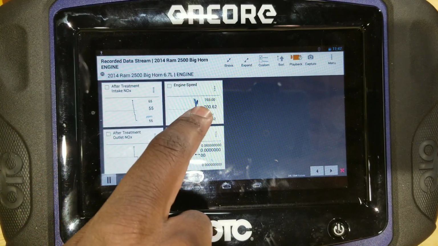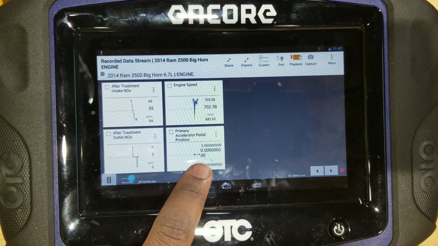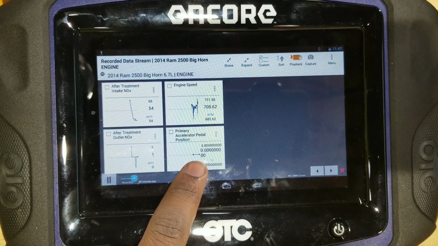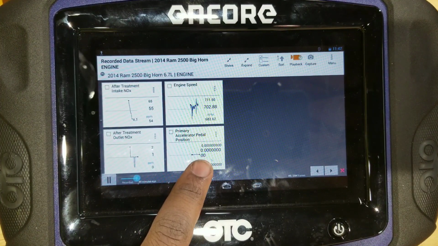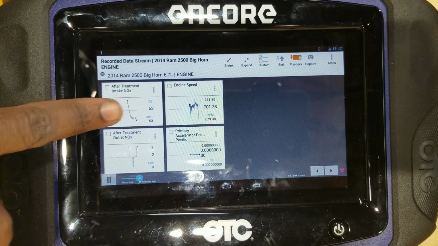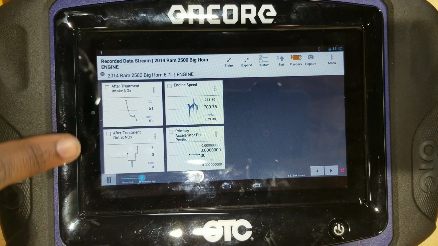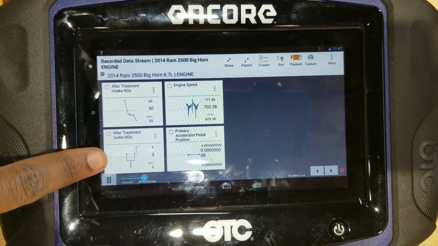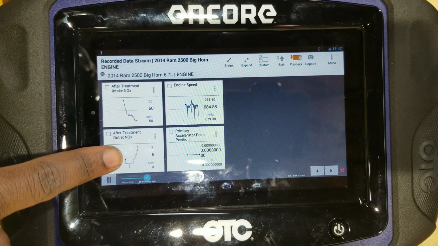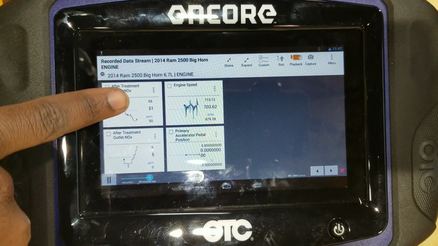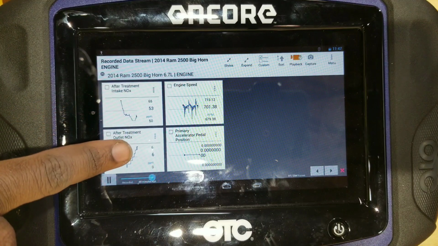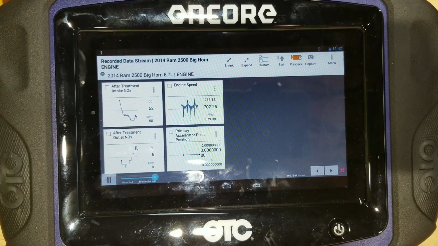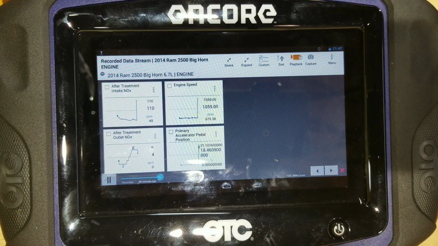This is the RPMs here, and you'll notice I'm just kind of idling at this point. I didn't put my foot on the accelerator yet. Right now we're at 54 parts per million, and output is 4 parts per million. So we went from 52 to 6, so that's a pretty good amount of treatment or reduction.